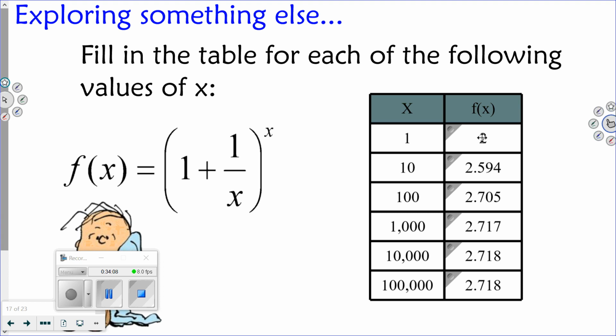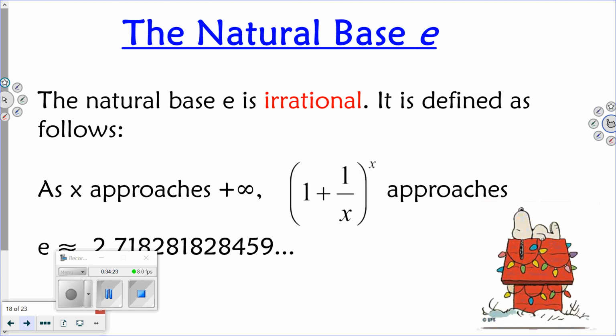You notice it got closer and closer and closer to what would that asymptote be? What number is this? Did you know this number has a name? That number is E. So the natural base E is what it's called.